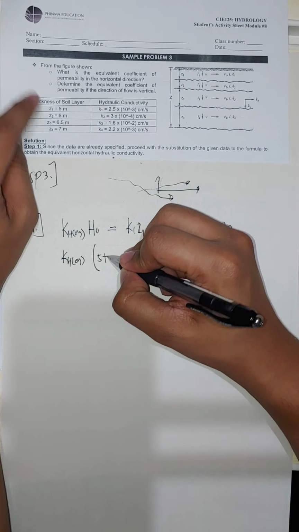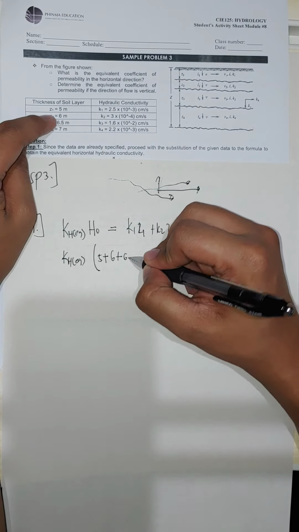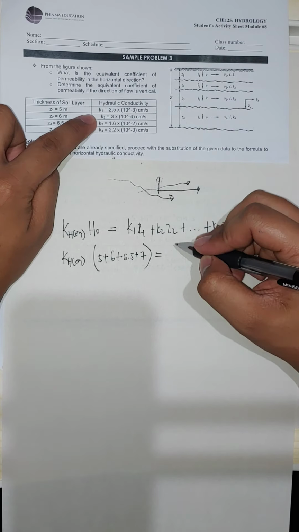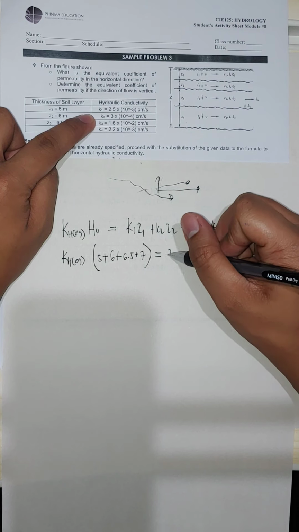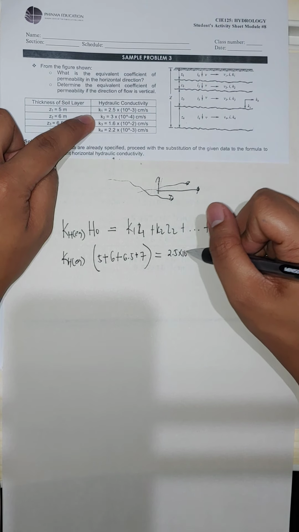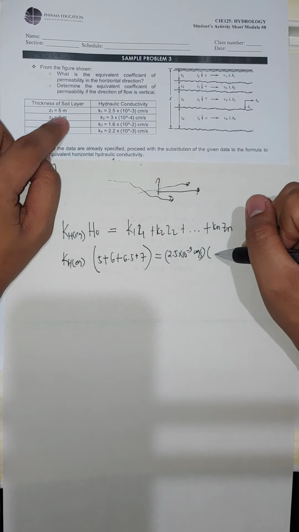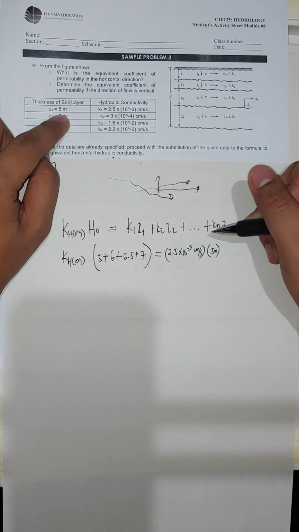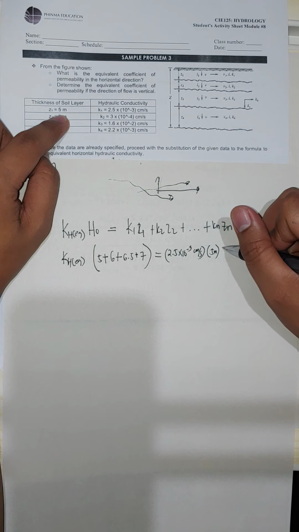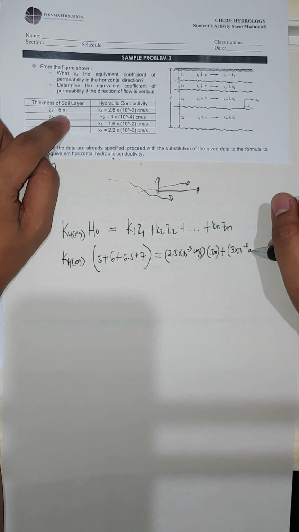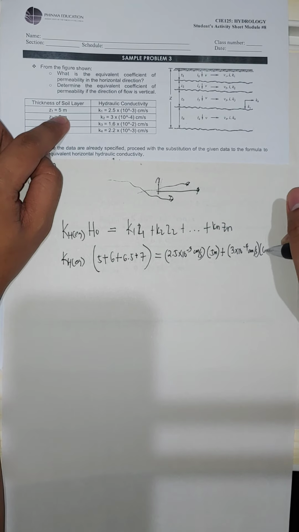So that is 5 plus 6 plus 6.5 plus 7, is equal to K1, that is 2.5 times 10 to the negative 3 centimeters per second times thickness nga 5 meters. And then plus K2, 3 times 10 to the negative 4 centimeters per second times thickness nga 6 meters.